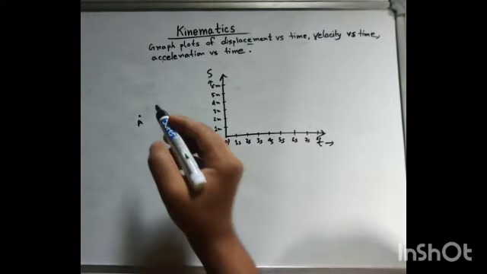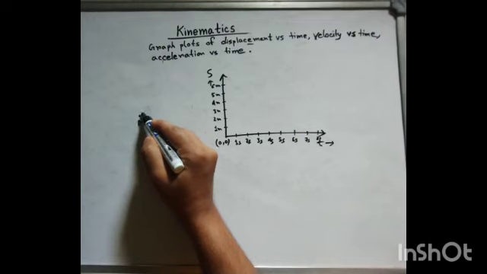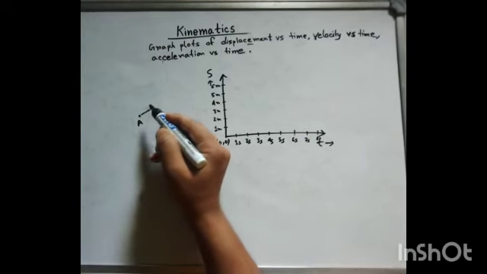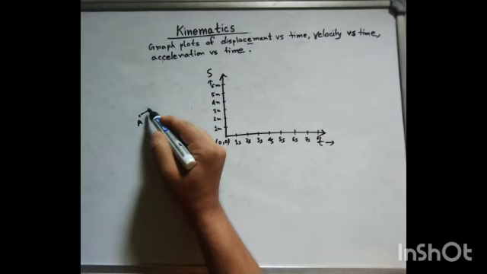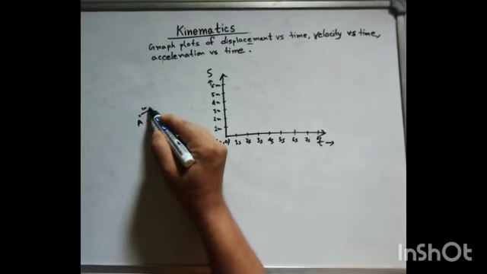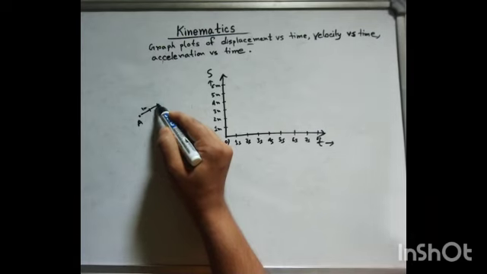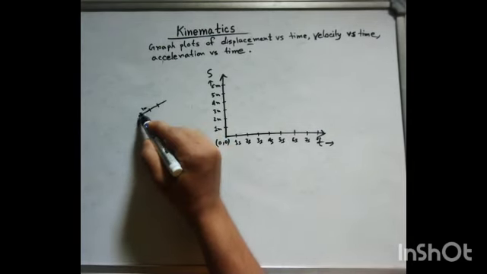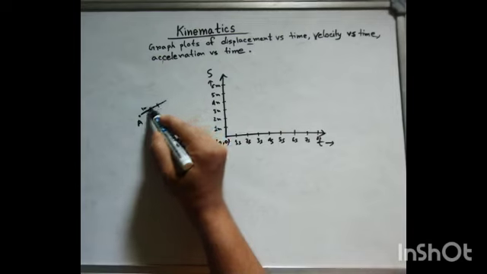And now suppose I am moving 1 meter in each second. Suppose after 1 second I go 1 meter, and again after 1 second I move another 1 meter, again, and I am moving in a straight line.